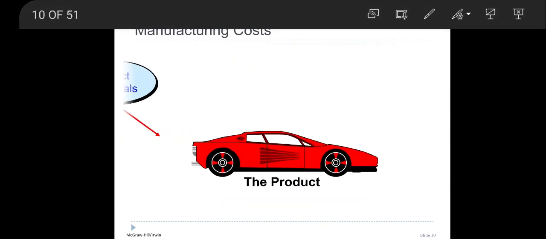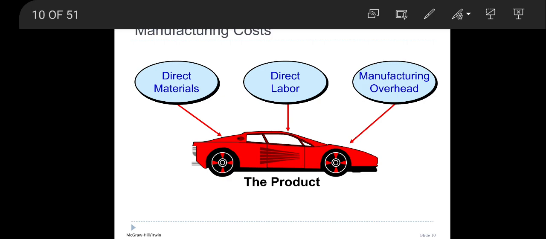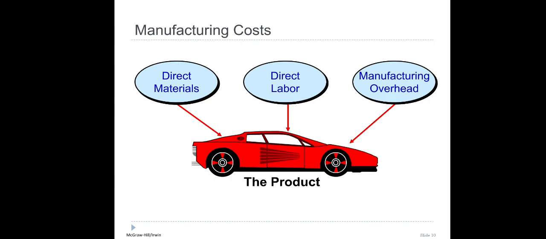Okay, the first category of cost is related to manufacturing costs. A business has many costs, and these costs can be categorized into several categories. The first category that you have seen in the lecture before is the manufacturing cost.